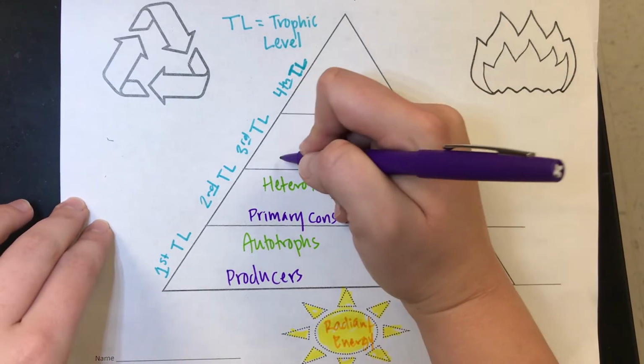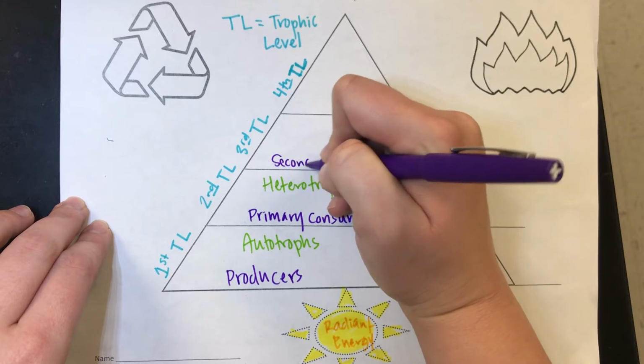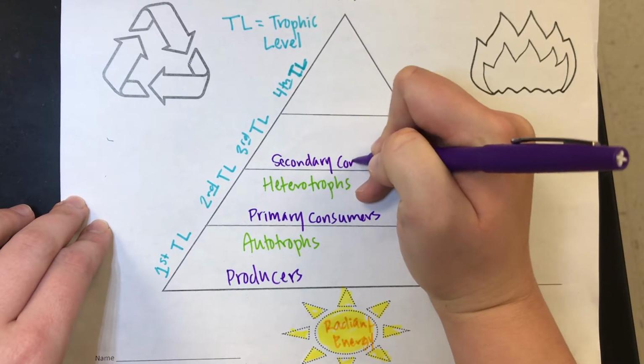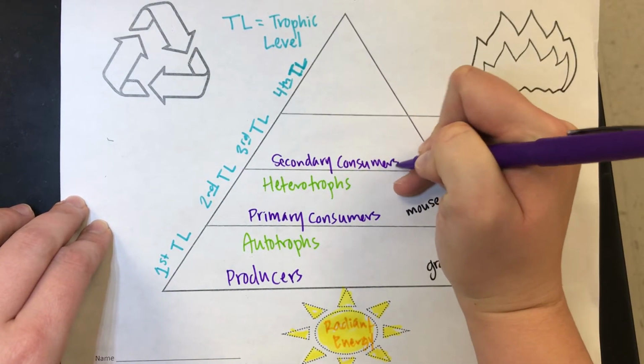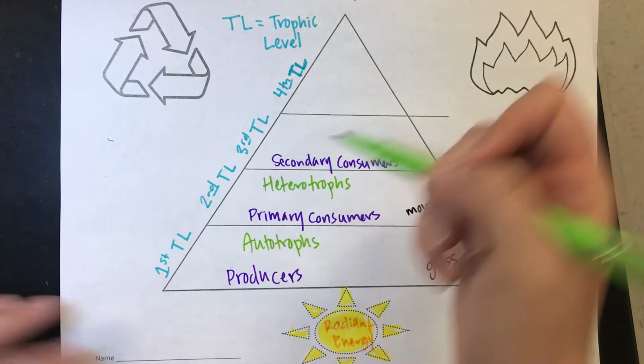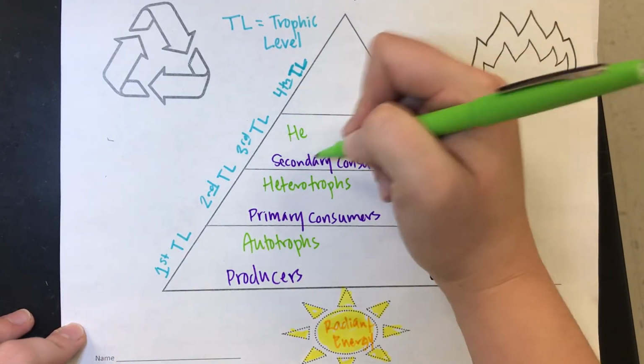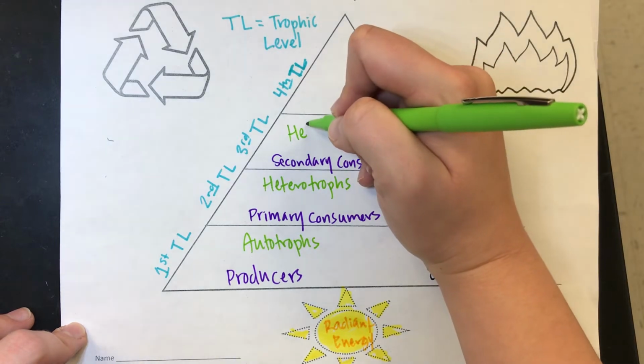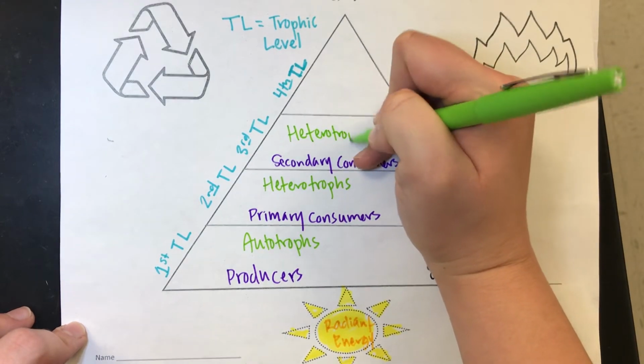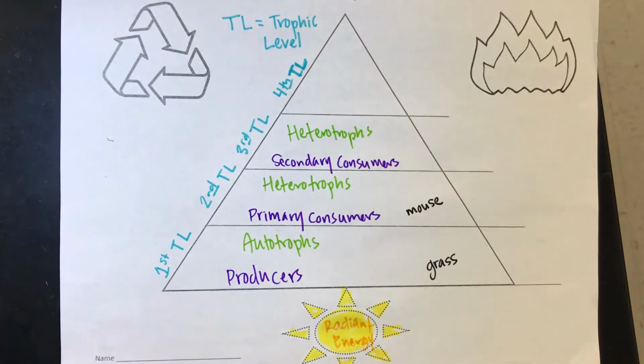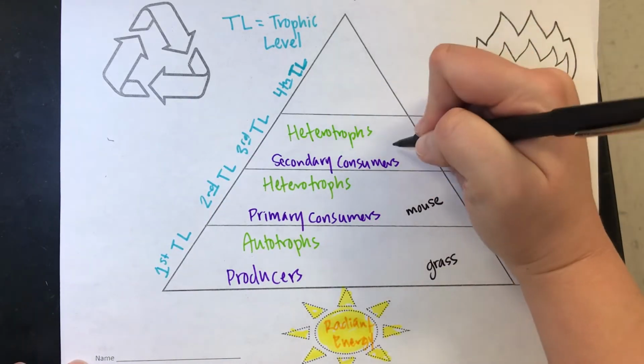That is our secondary consumers. And these guys are also considered heterotrophs because they have to consume other organisms to get their energy. And my example in this case is going to be a snake.